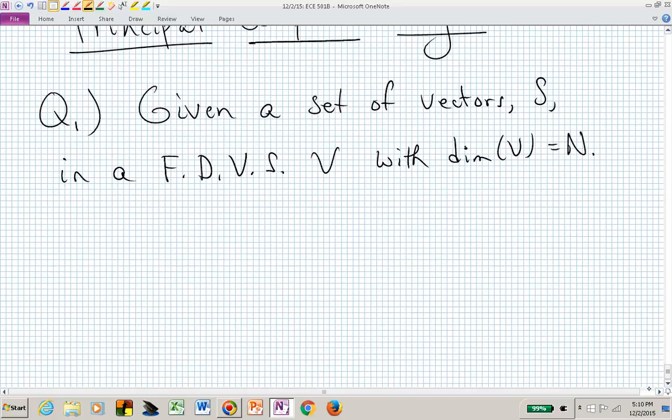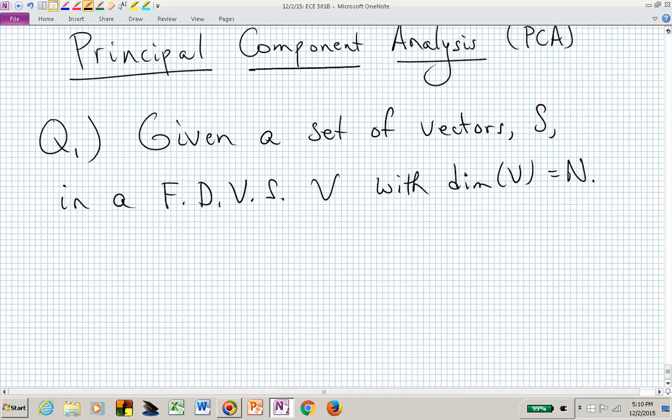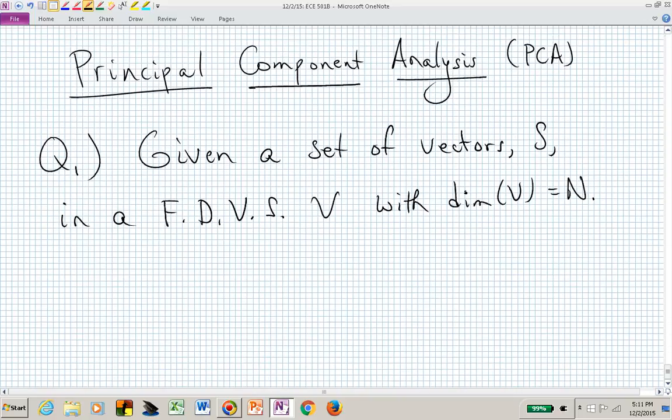So in this particular analysis, somebody's giving you this box full, or this treasure chest full, of vectors. And you're trying to maybe reduce the amount of information or get the most important pieces of the information out of that collection of vectors.